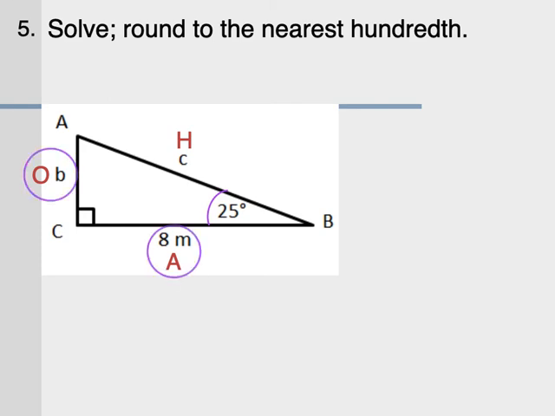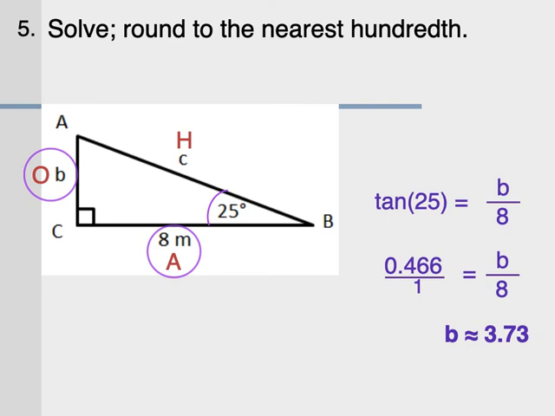Let's say you chose to solve for B first. Solve for B. If you have an O and A, that would be the TOA equation, tangent equals opposite over adjacent. That should get you about 3.73.